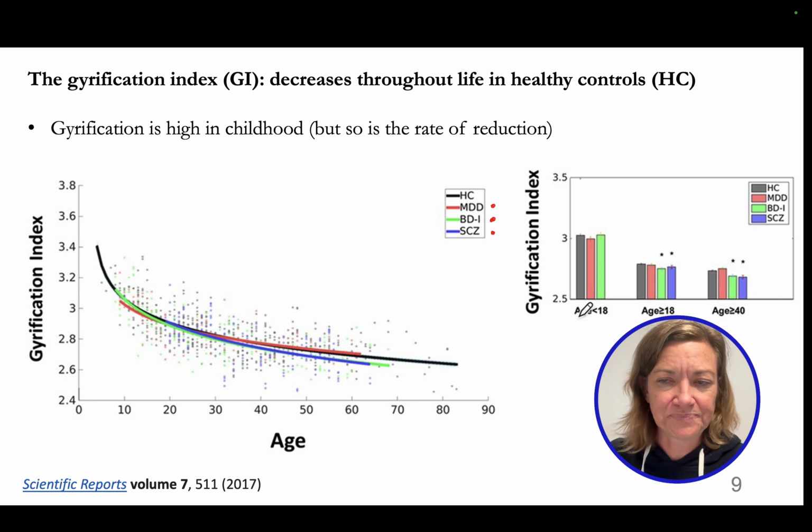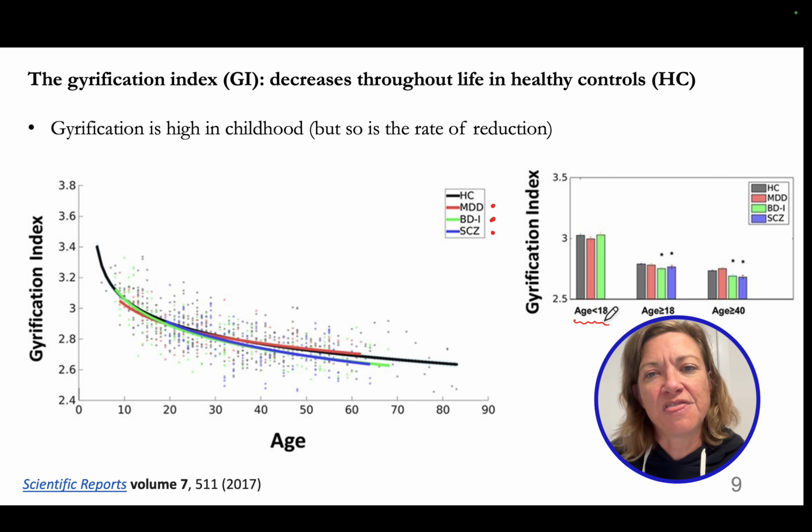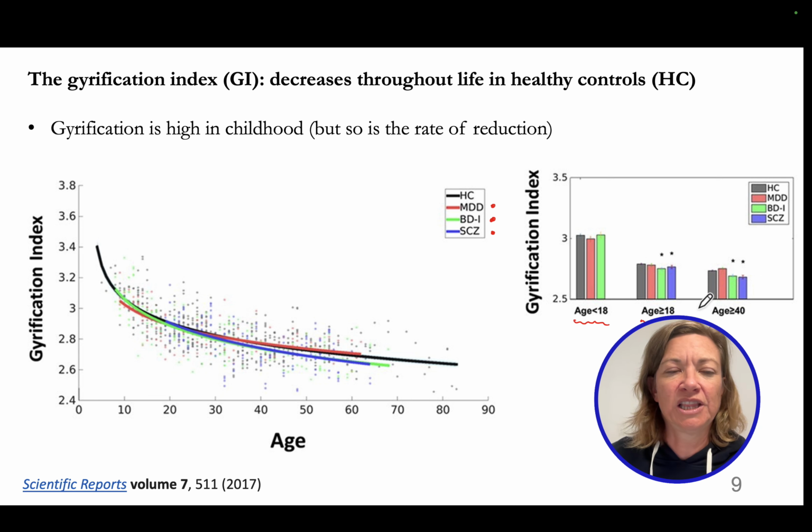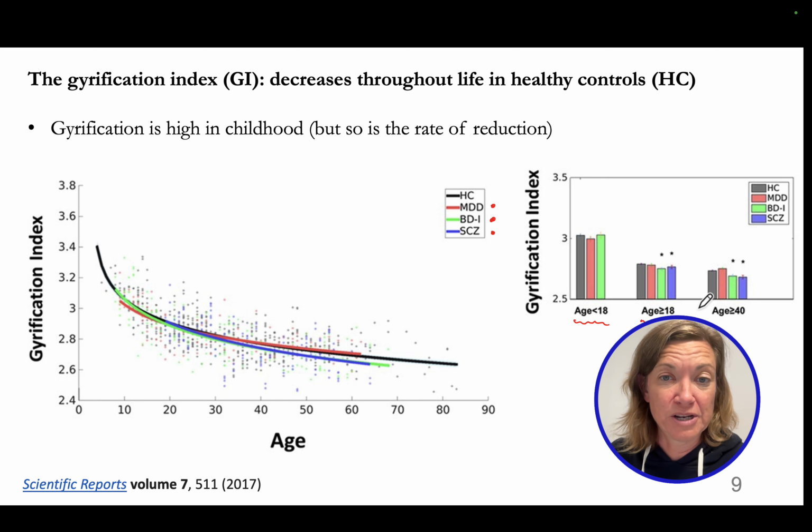Plotted here on this bar graph and with the statistics for you, you can see they're about the same under age 18, and then a divergence emerges. So there's a change in these 2 populations particularly, and they have a lower GI compared to both people with major depressive disorder and healthy controls above 18, and again, maybe even more pronounced, above the age of 40.